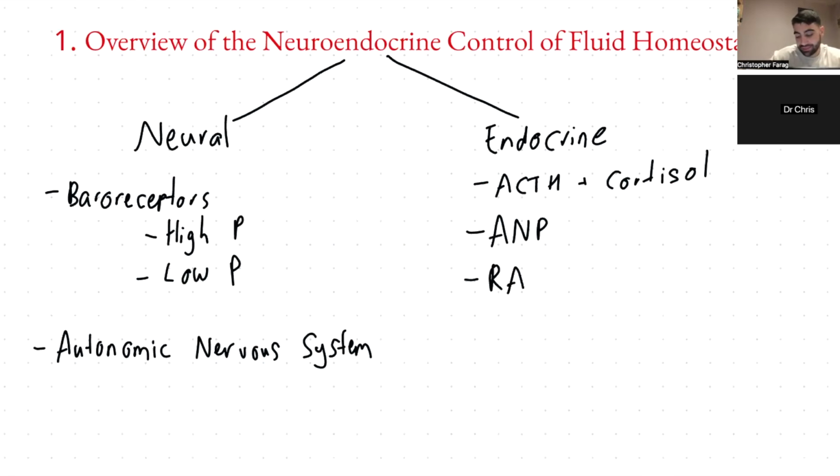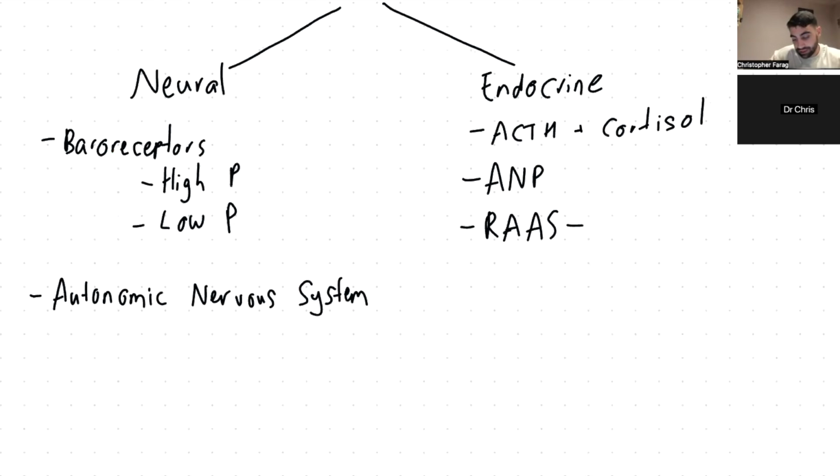RAAS. What this is short for, as we mentioned before, is renin, angiotensin, and aldosterone.